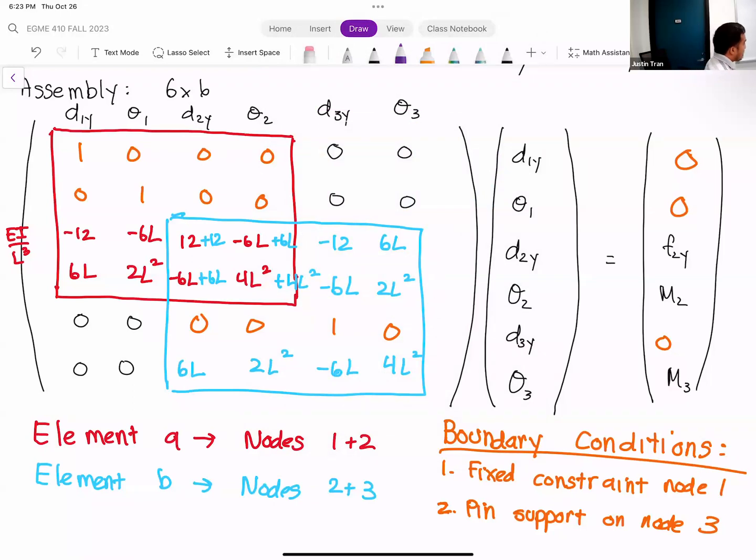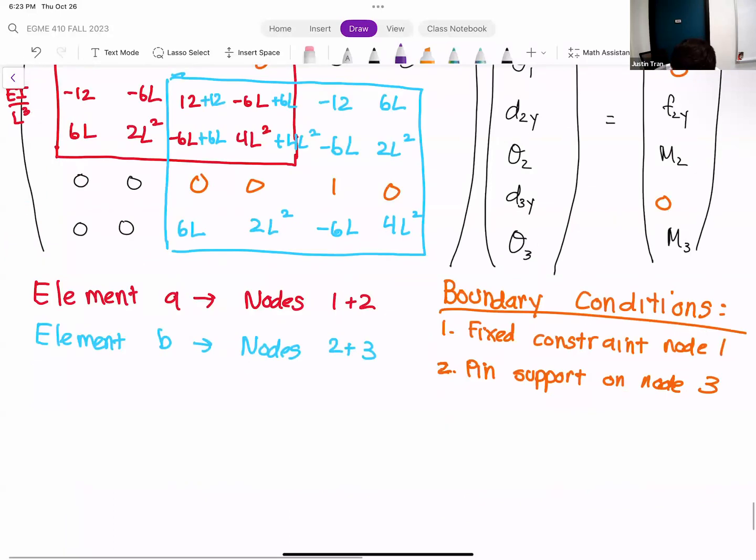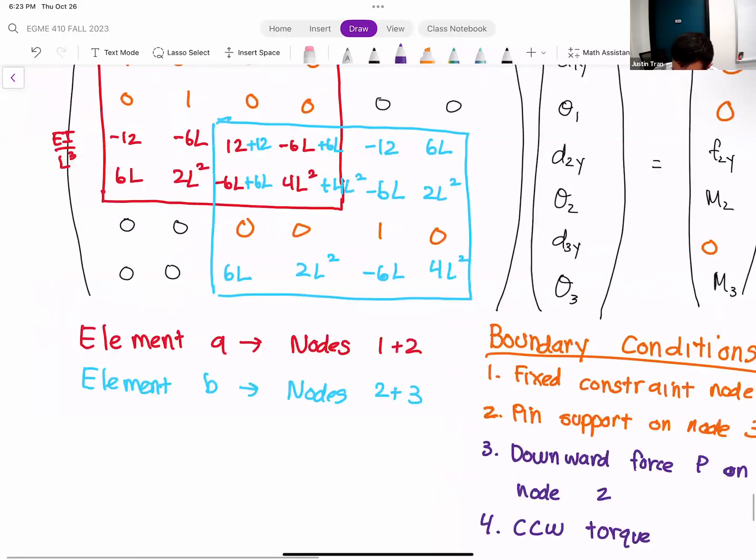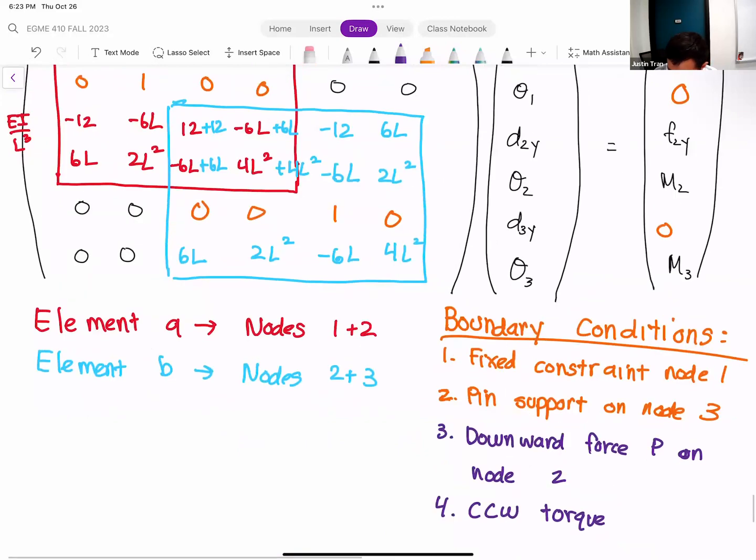All right, the last thing we have to do here is add our loads. We have 2 loads here. We have a downward force P applied on node 2, and we also have a counterclockwise torque M applied on node 2 as well.